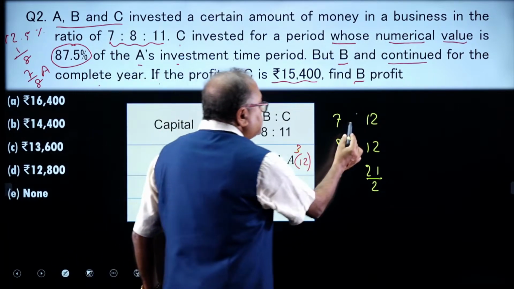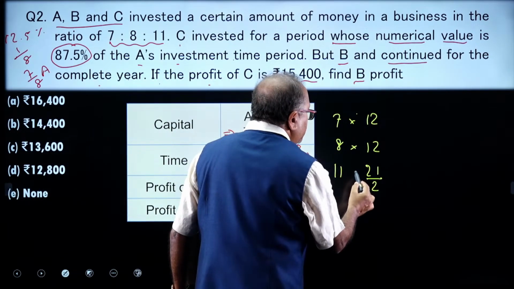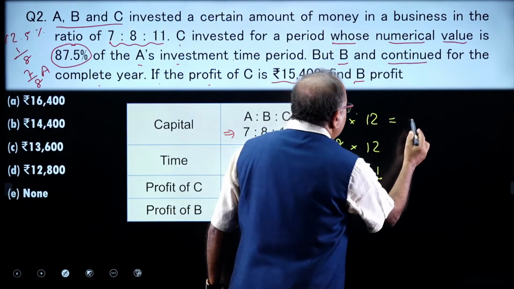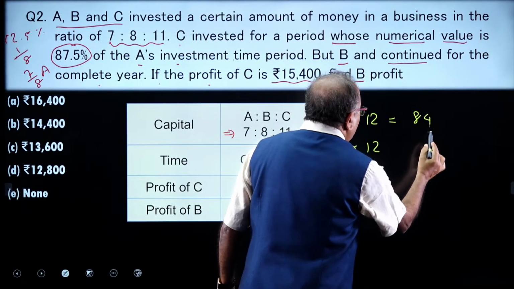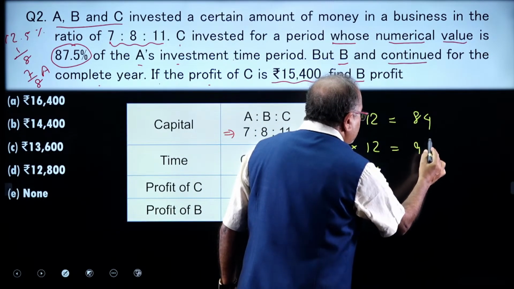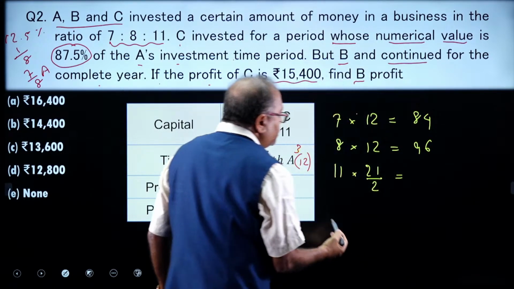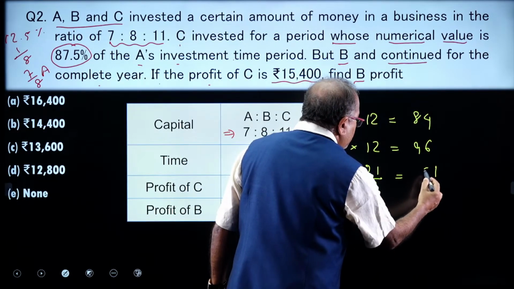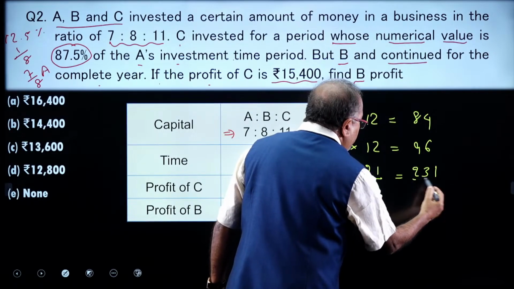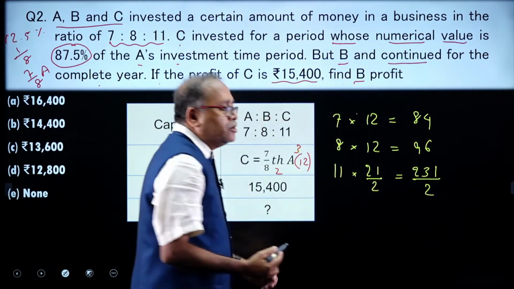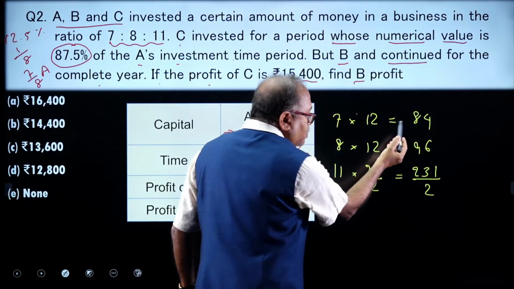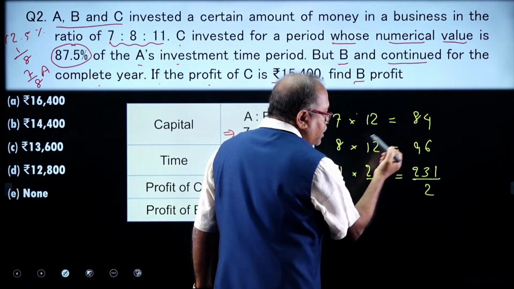When I multiply these numbers, we get the profit and loss ratio. 12 × 7 is 84 and 12 × 8 is 96, and here I get 11 × 21/2. In order to avoid the 2, I will multiply all the numbers by 2.